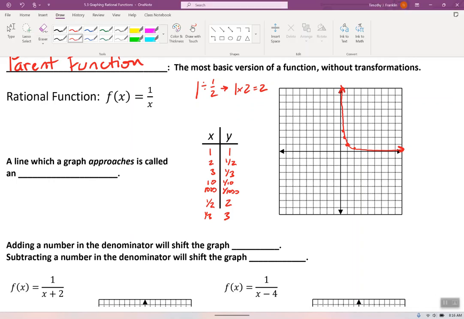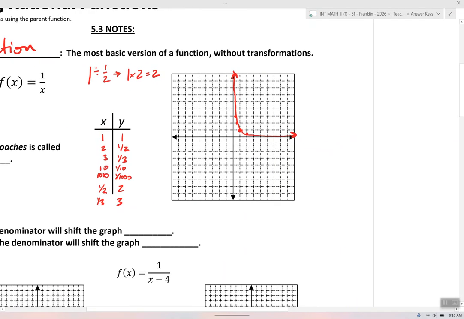Let's also think about what happens if we put in some negatives. We'll make a new chart. If I put in -1, 1 over -1 is -1. So I have a point at -1, -1. And then let's try -2. That's going to be 1 over -2, or -1/2. Okay, so it looks like the same thing might happen. -3 is -1/3, and so on.